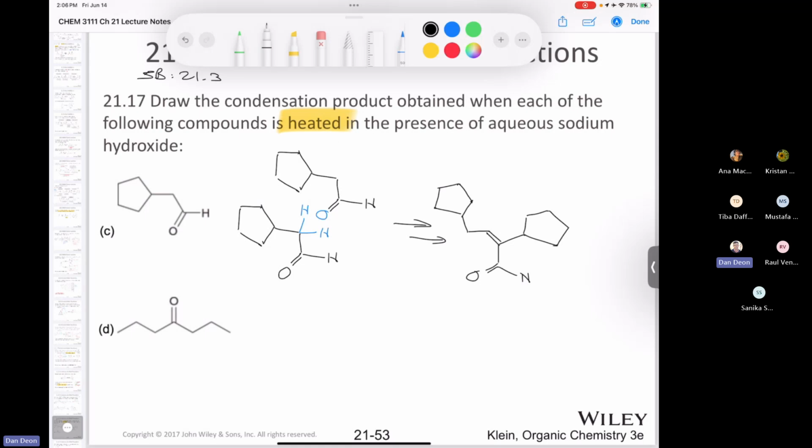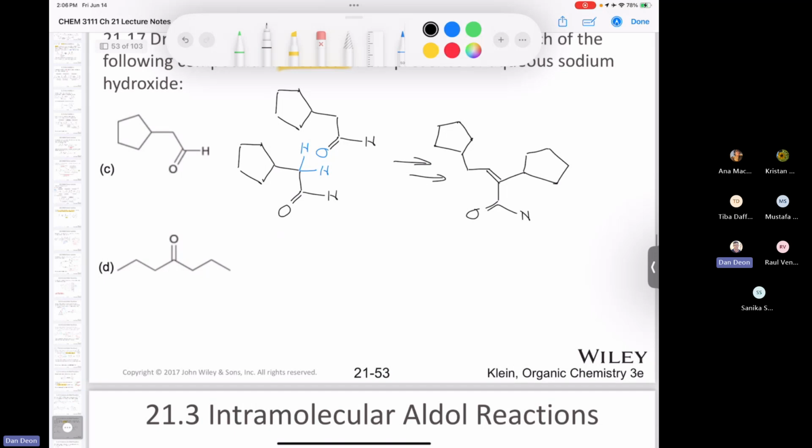Now again, if you're paying close attention, and you had drawn this with the carboxyl, let's say you put your 5-membered ring down here and drew a double bond like this, that is still right.